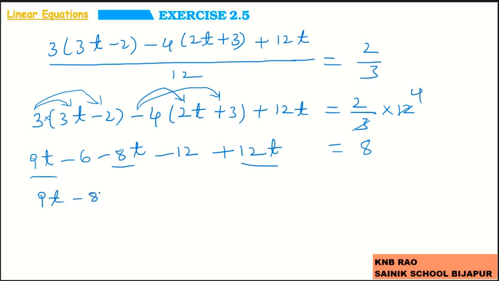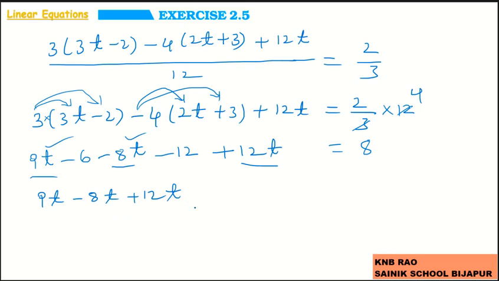I have written them by arranging terms at one place: 9t minus 8t plus 12t, they are all like terms.